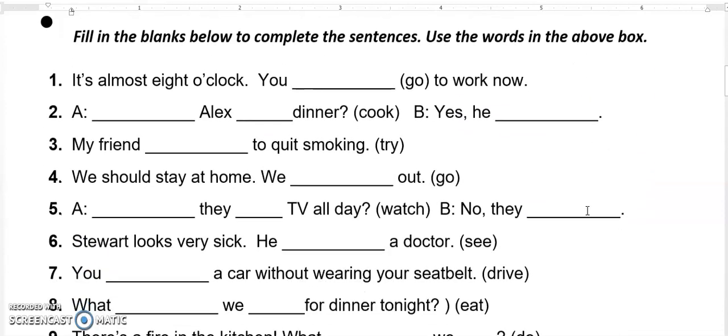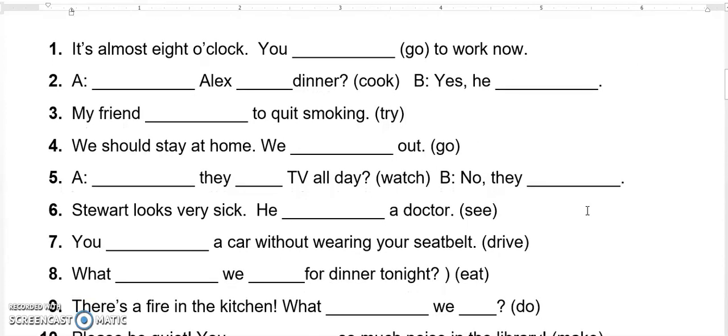In here, we are going to find some examples. So you are going to write the answers very quickly using should and the verb that goes in parentheses. We have affirmatives, negatives, and we have also questions. So try to make it quickly.